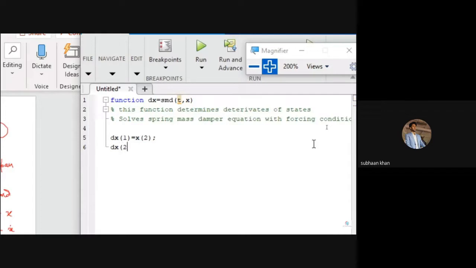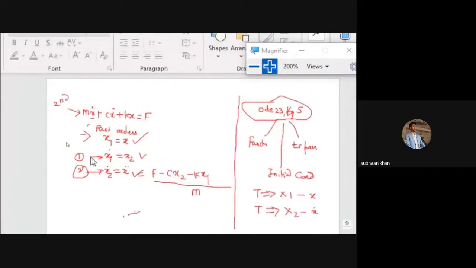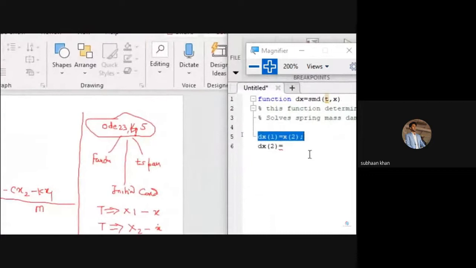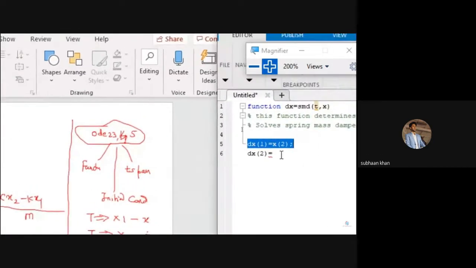Then dx2 is equal to, this equation relates to my first equation, x1 dot is equal to x2. Then the second equation is f minus c into x of 2 minus k into x of 1, and then divided by capital M.